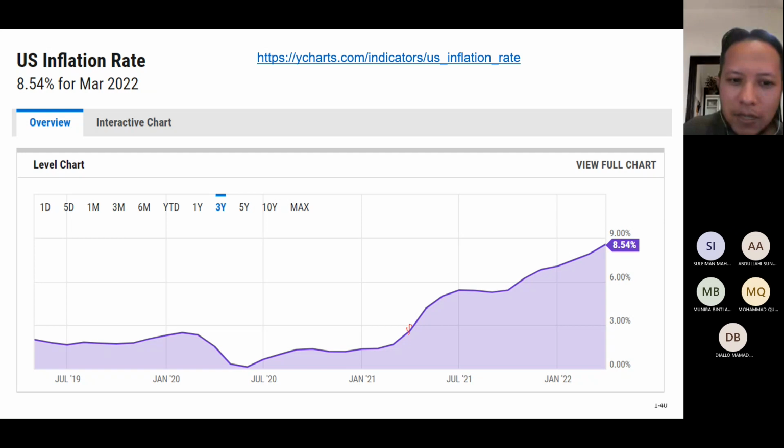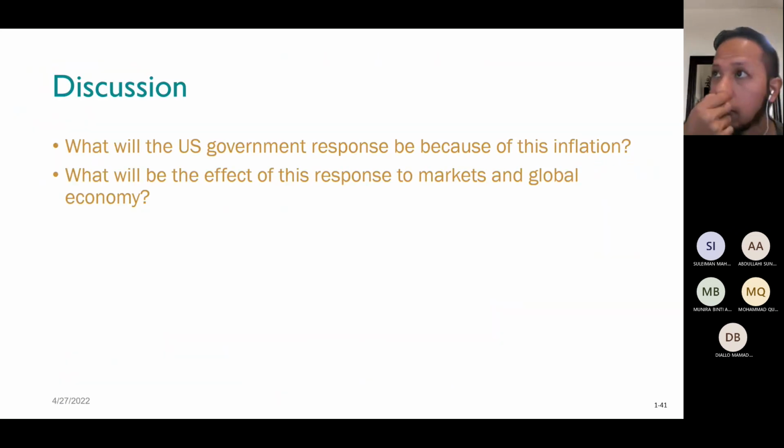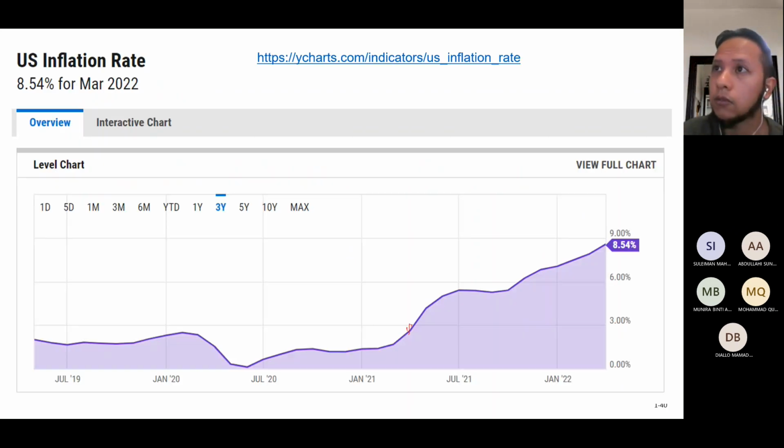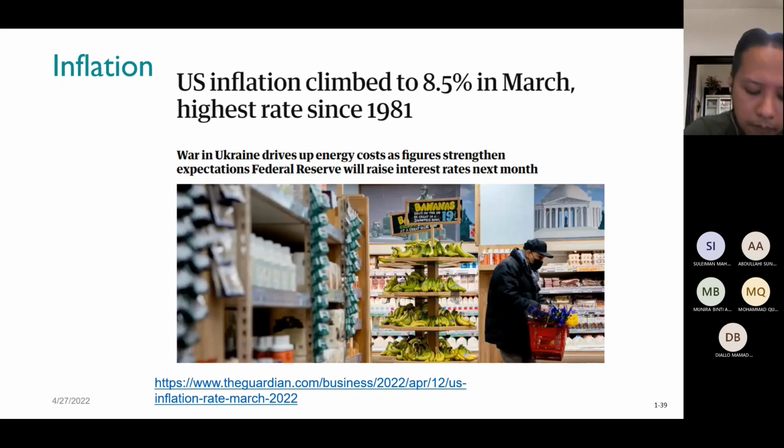So this is basically just an introduction, because we will learn this in the topics of monetary policy and fiscal policy. But this is happening now and is related to the current situation. If you look at the headline, US inflation climbed 8.5% in March, highest since 1981, because of the war that drove up energy cost.